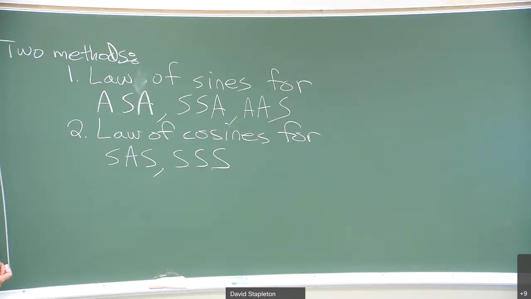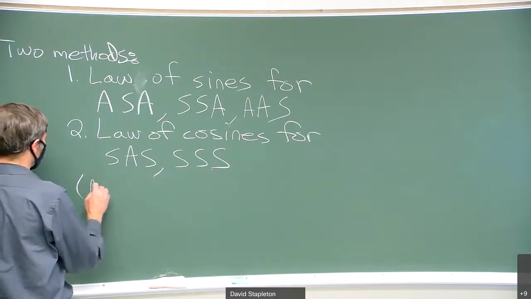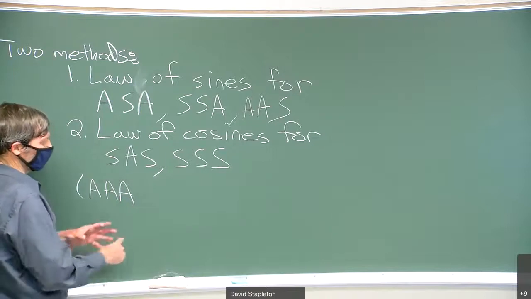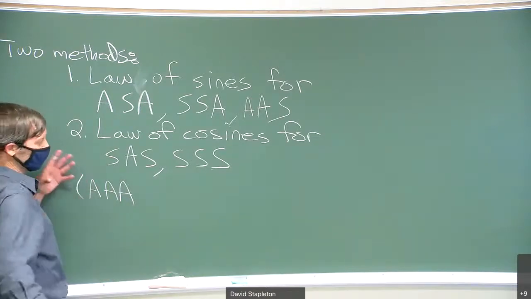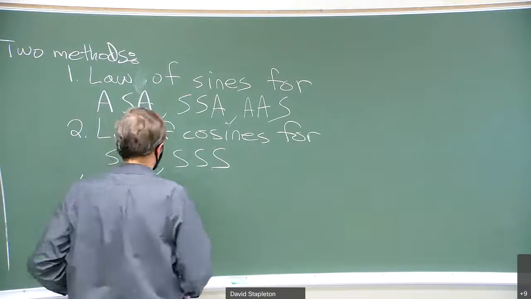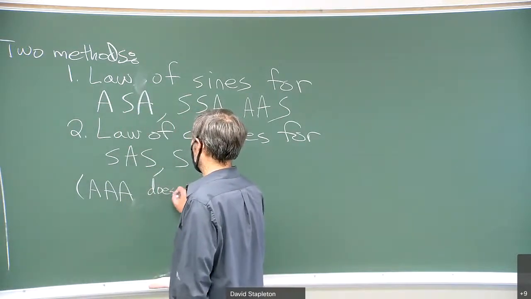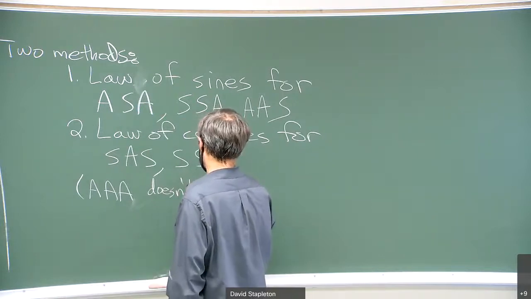The other case is not a congruence theorem, so there's no triangle determined by it. Angle, angle, angle does not determine a triangle. You can scale it up two times as big, ten times as big, any number of times, and no particular triangle is determined. It doesn't determine a triangle, just its shape.